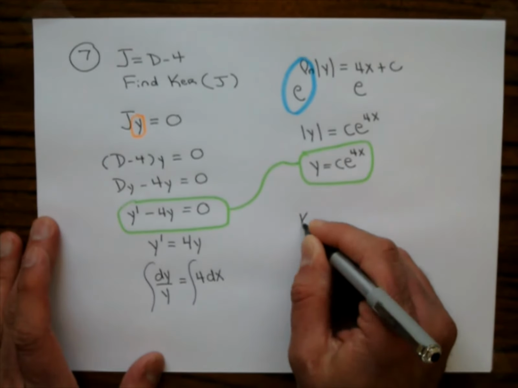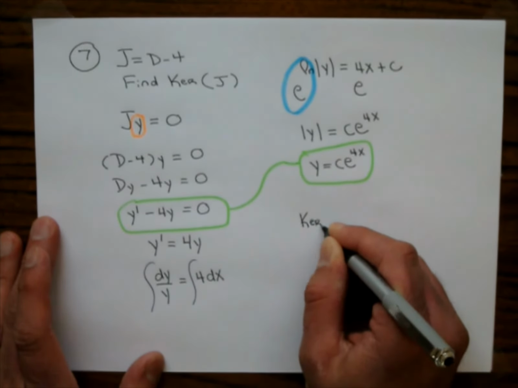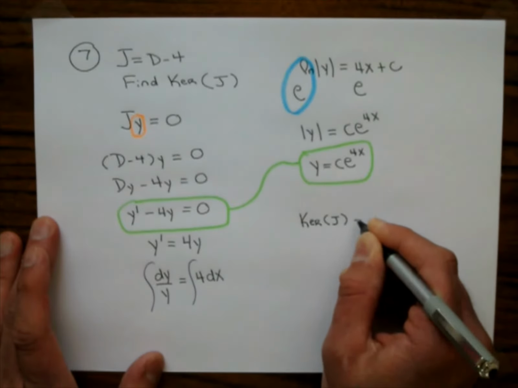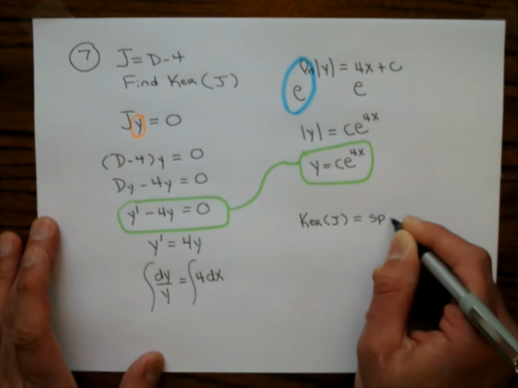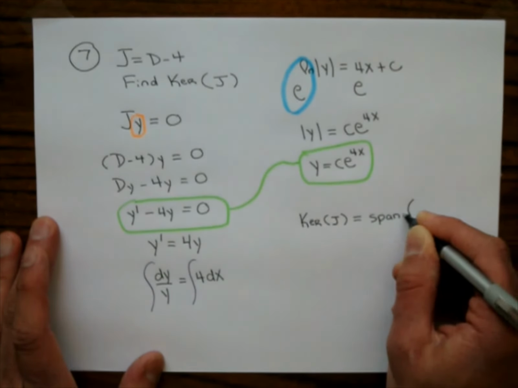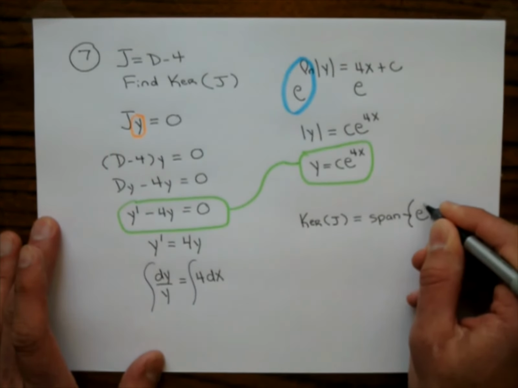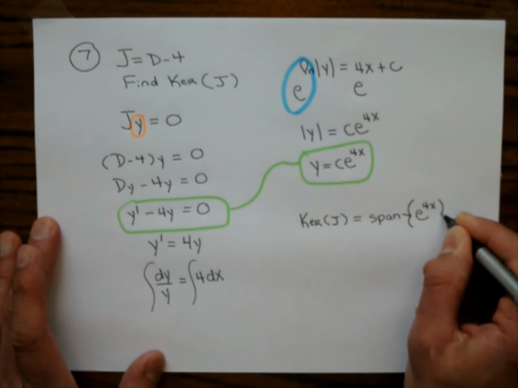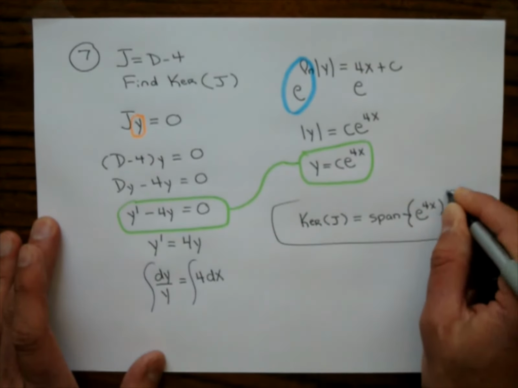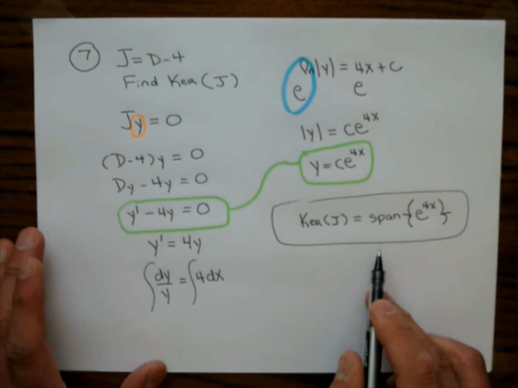So the kernel of J is going to be the span of just one function, it's going to be the span of e to the 4x. And so now we're talking linear algebra with the span and all that stuff.